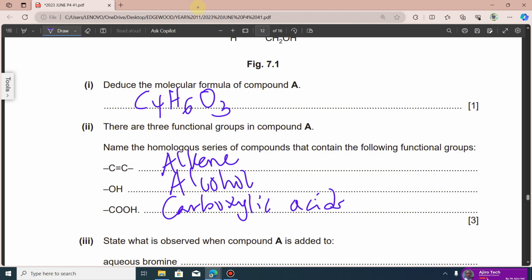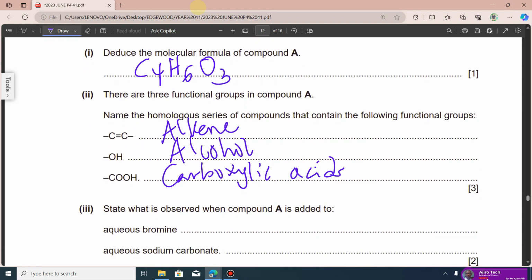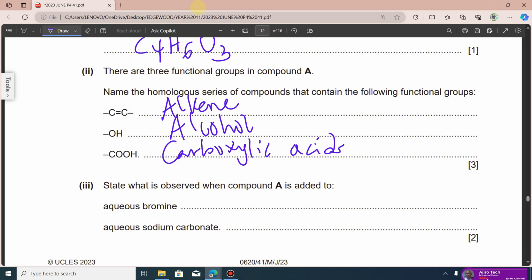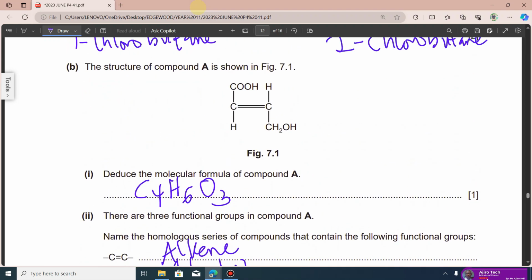always have the C-double-bond-C. Now, state what is observed when compound A is added to aqueous bromine. So if you add compound A to aqueous bromine, remember aqueous bromine is used to differentiate between a saturated and a non-saturated hydrocarbon. Saturated hydrocarbons are those with single bonds, carbon-carbon single bonds, while unsaturated are those with carbon-carbon double bonds and carbon-carbon triple bonds.